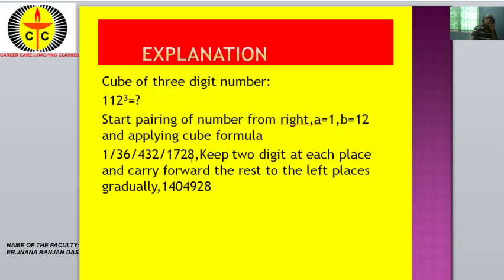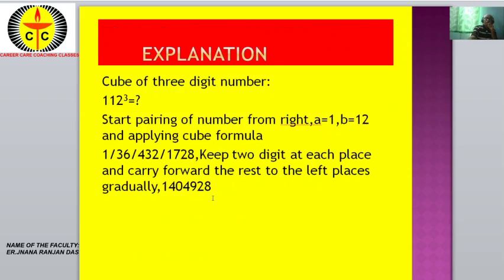As the number is 3 digit, we keep 2 digits and carry forward the rest. Keep 28, carry forward 17 to 232. Here also keep two digits, then carry forward the rest, 36. So gradually the numbers are carried forward, and we can ascertain that the cube of the number is 1404928.